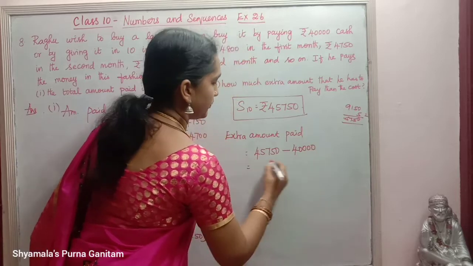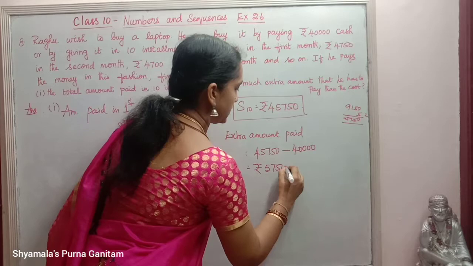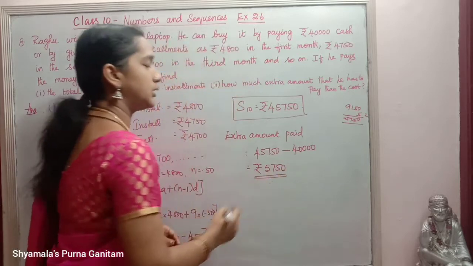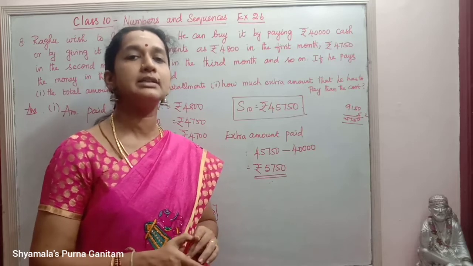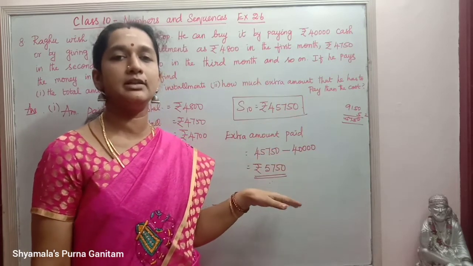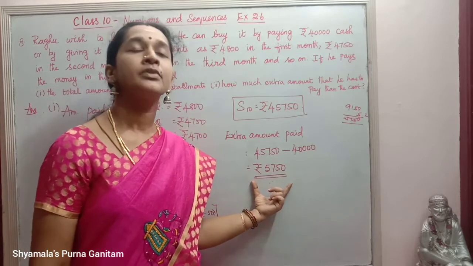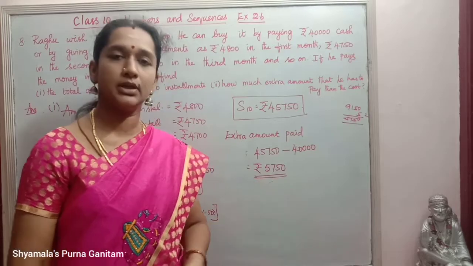When we find the difference, we get the extra amount as 5,750. So this is the extra amount he is paying when he is getting the laptop in 10 installments.